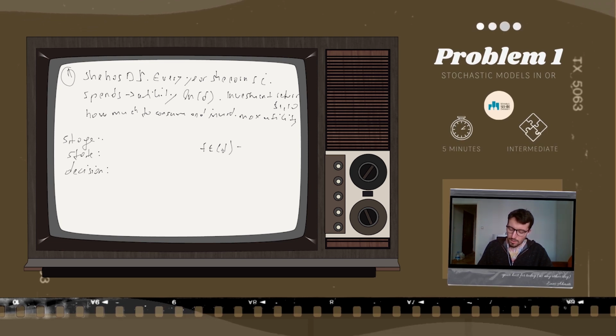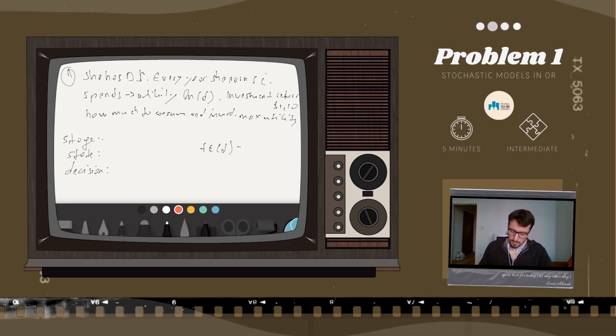Whenever we invest $1, we get $1.1 in return. The goal is to get the maximum utility, or in different words, the maximum happiness.